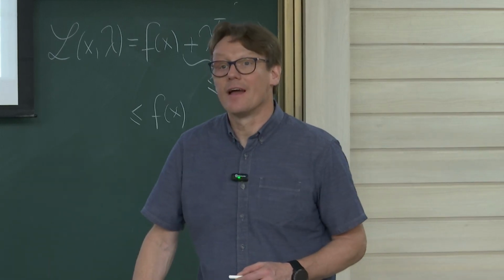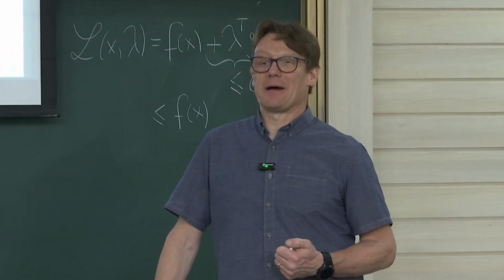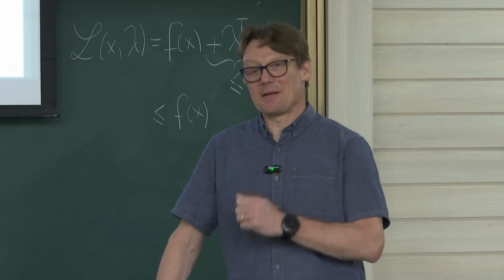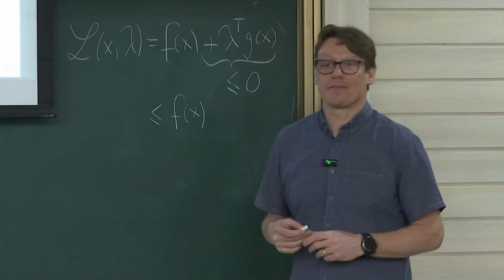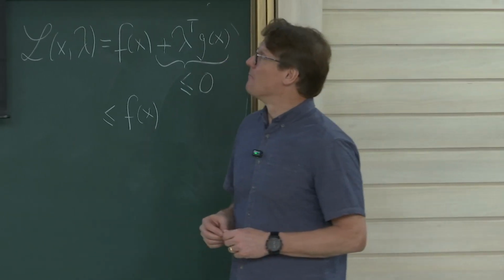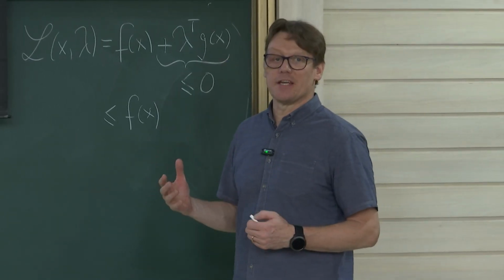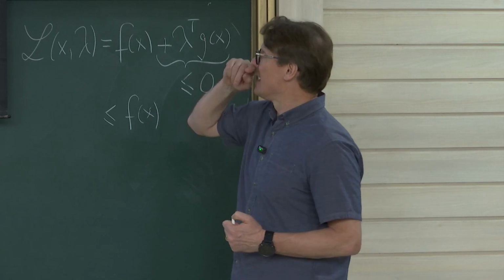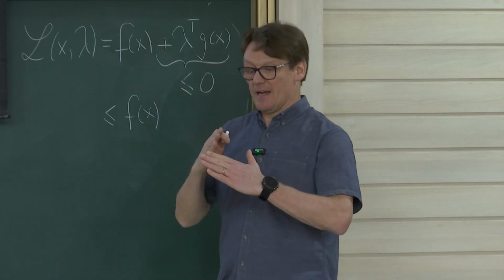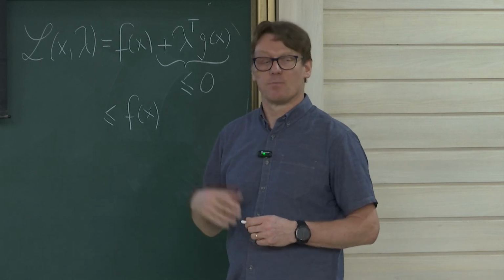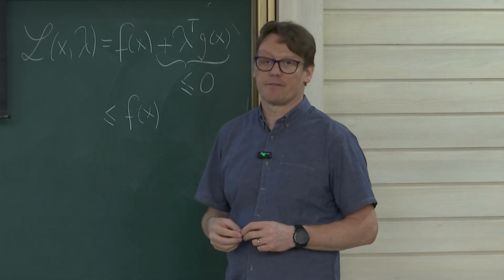Sorry? Yes, we haven't talked about constraint qualifications. I said something like stability assumption, and that's a constraint qualification. So a constraint qualification is a condition that means that the feasible set locally looks like an affine feasible set. That's one way of thinking about a constraint qualification.